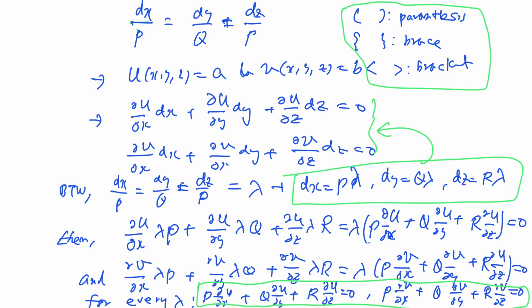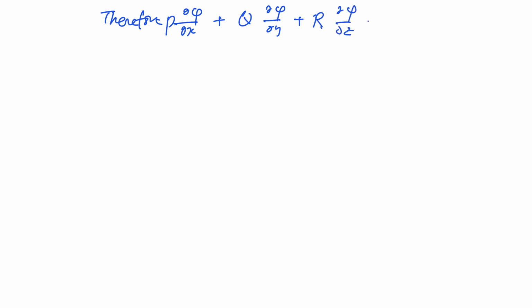Then you can go back. Therefore, P ∂φ/∂x plus Q ∂φ/∂y plus R ∂φ/∂z is equal to 0.